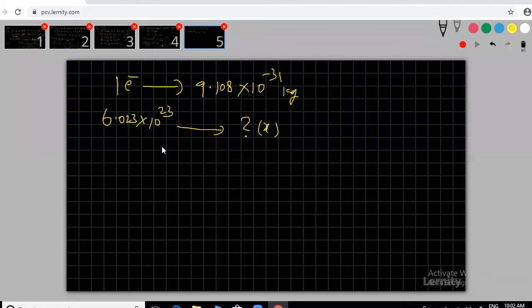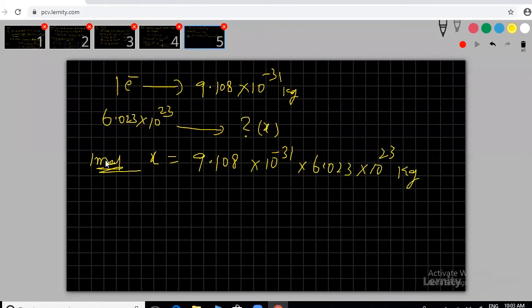So 9.108 into 10 power minus 31 into 6.023 into 10 power 23 is the weight in kg. The Avogadro number of electrons weighs this much, so this is the weight of 1 mole of electrons.